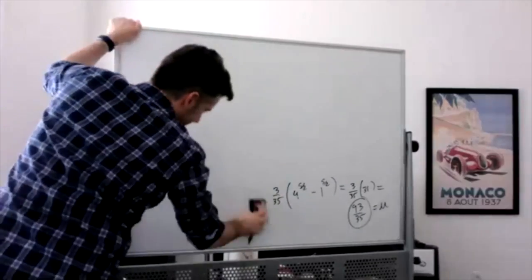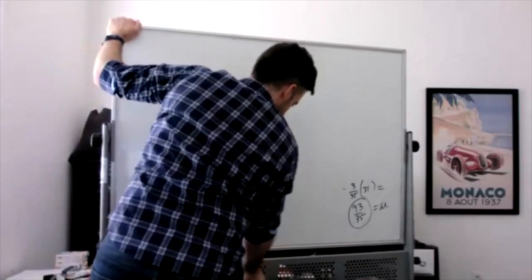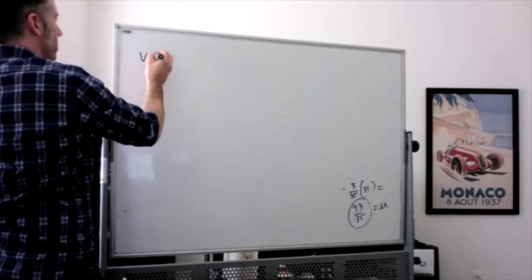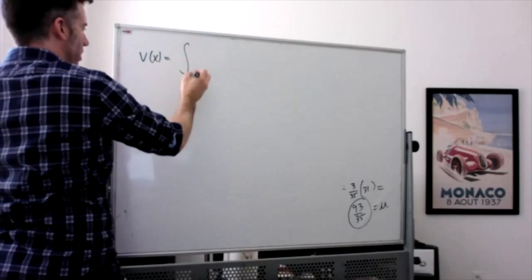So here's what we would have to calculate. We would have to find the variance. It'd be the integral from 1 to 4.